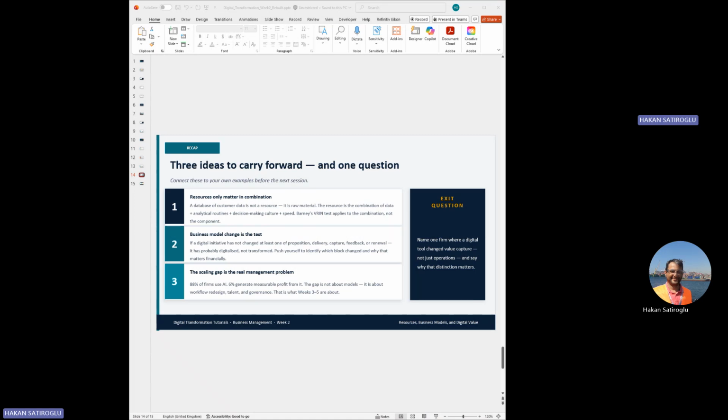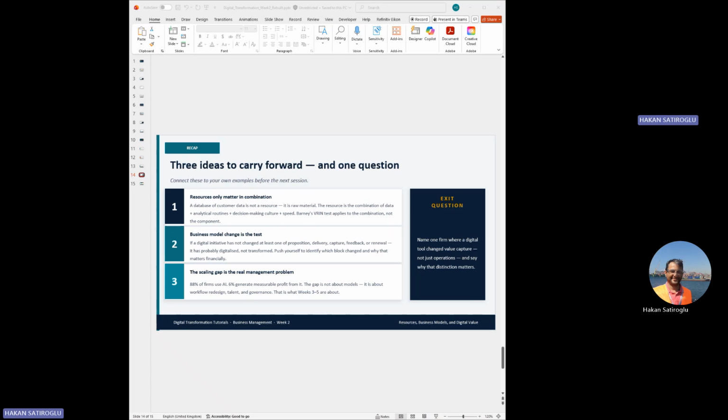On the other hand, business model: you need to check whether the business model has changed or not. If the business model has not changed at all, you can only say this organization didn't digitally transform, it is only digitalized.